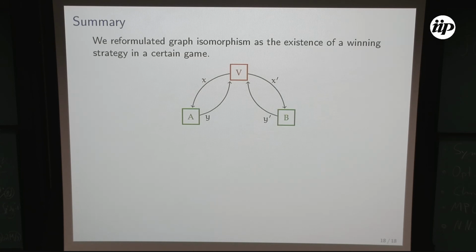Then we showed that a classical strategy that can always win exists if and only if the graphs indeed are isomorphic. And then we thought, what happens if you give Alice and Bob more power? What happens if you allow them to share entanglement and do quantum magic? And then we saw that sometimes, even though the graphs are not isomorphic, Alice and Bob can still convince the verifier.